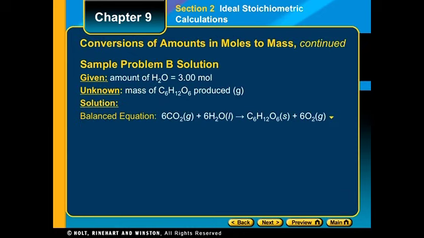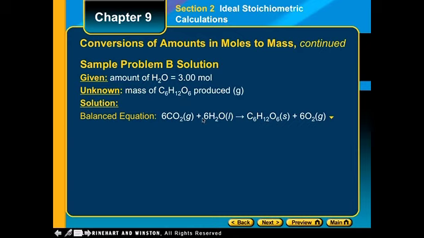The givens: through the balanced reaction, 6CO2 plus 6H2O, resulting in C6H12O6 plus 6O2. The given is the amount, 3 moles of water, and the unknown is the mass of C6H12O6. I have here also two methods.